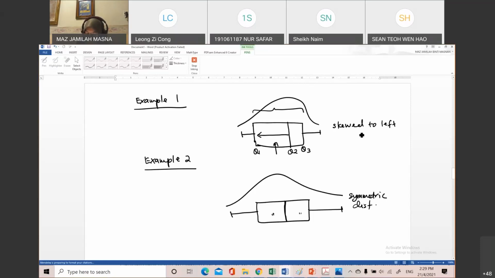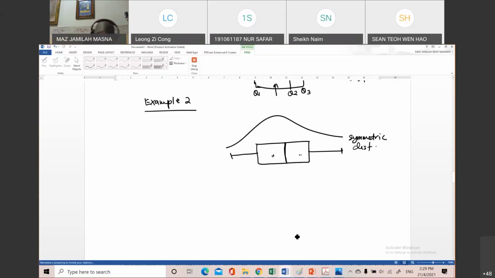Left skewed, to the left distribution. So you can use this particular box, also using box, to identify the distribution.